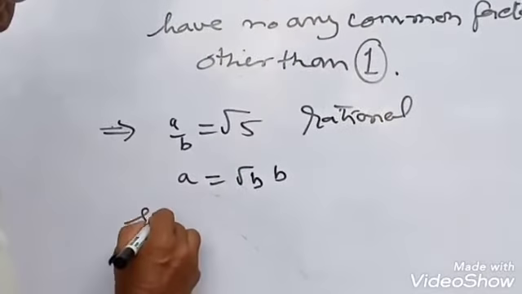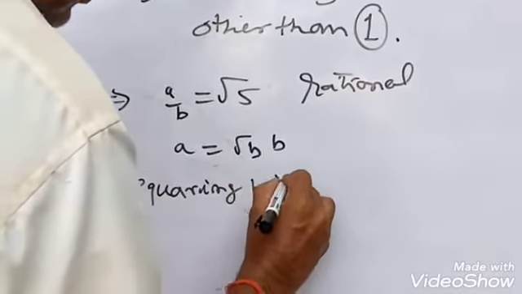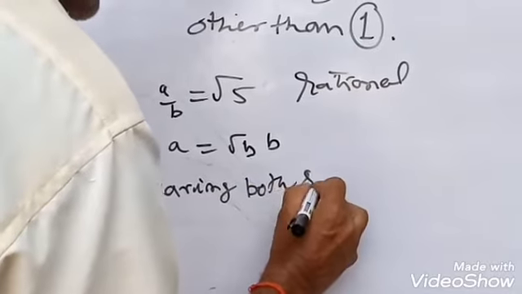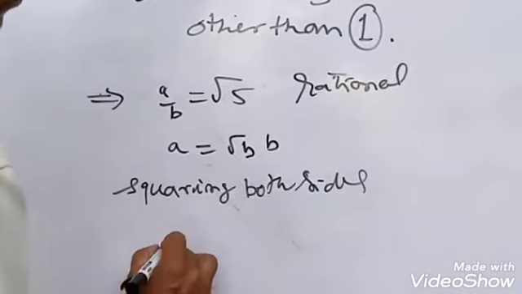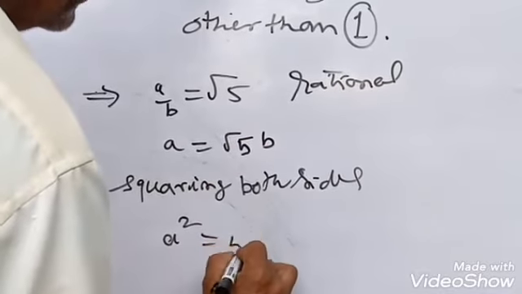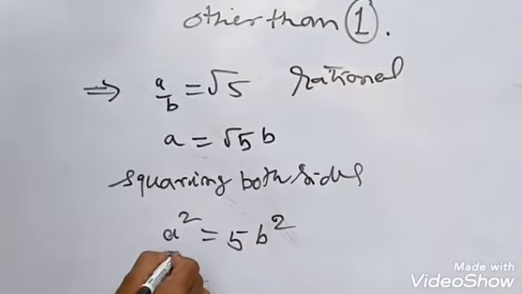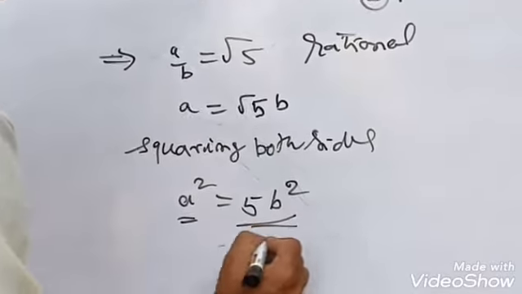Squaring both sides, a square is equal to 5b square.